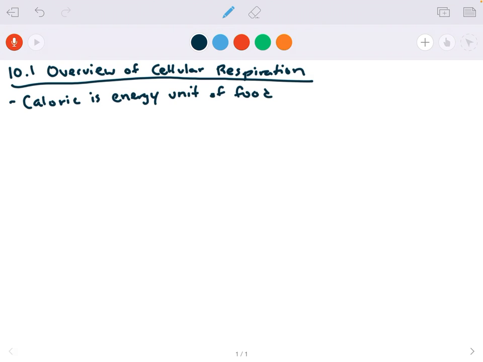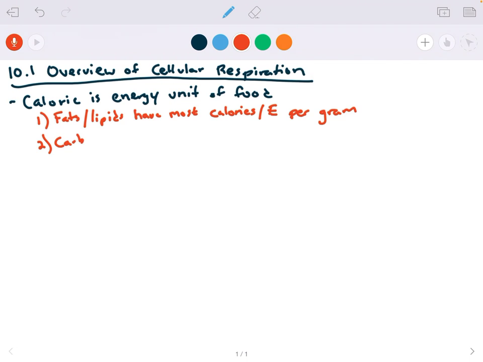Now, a little review here for the midterm. There's 3 macromolecules, or 4 total, right? 4 macromolecules total. In terms of energy, fats or lipids have the most calories, or energy, per gram. And then second would be carbohydrates.